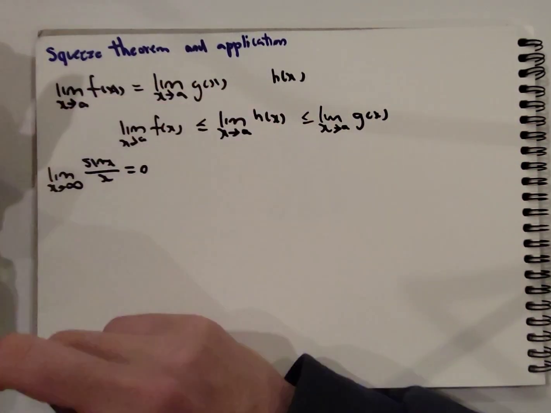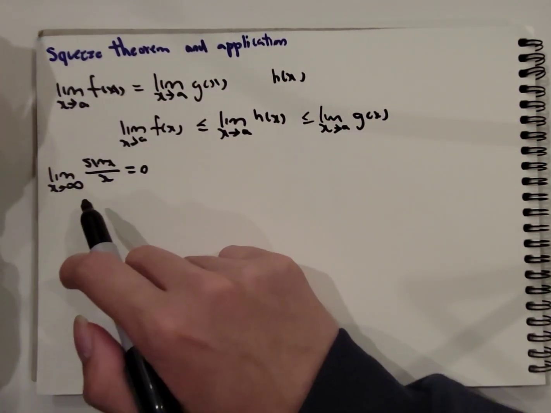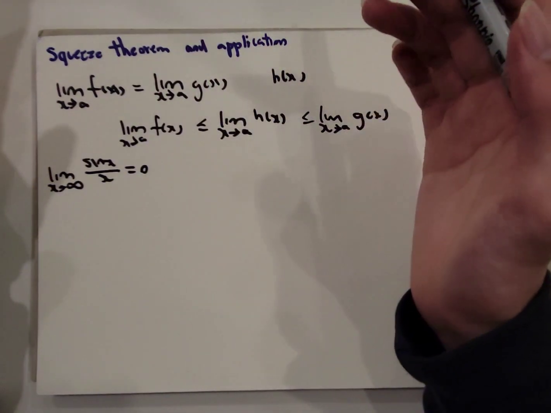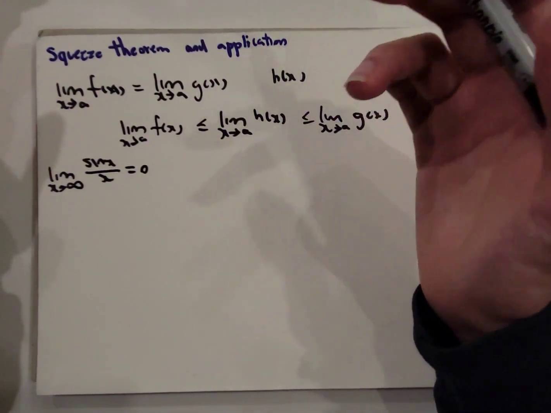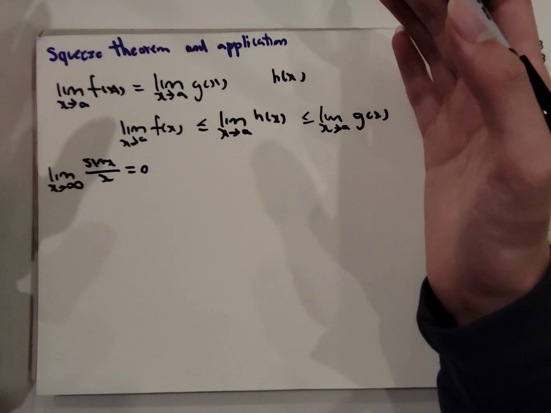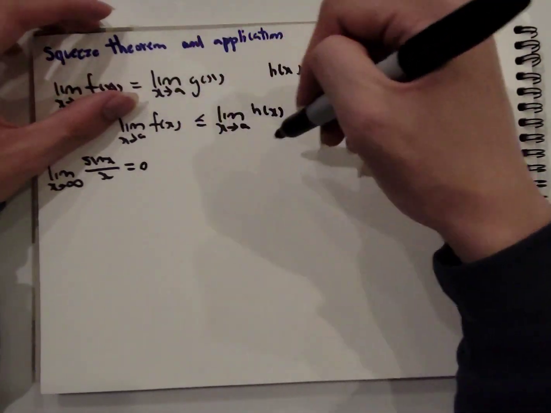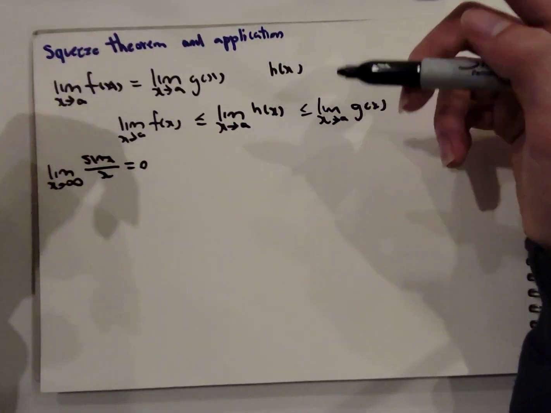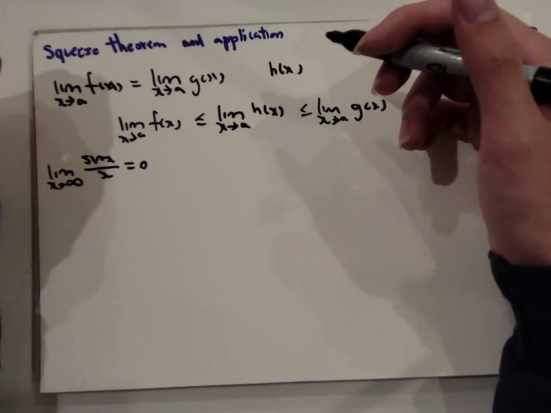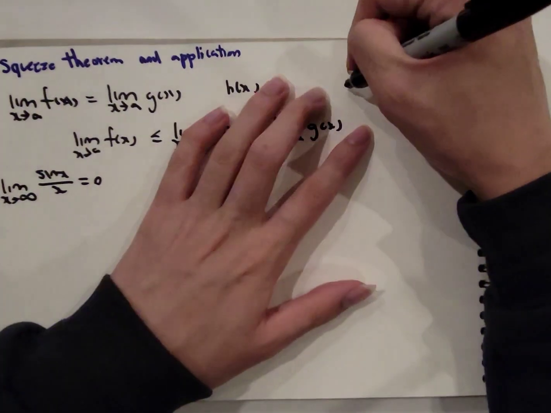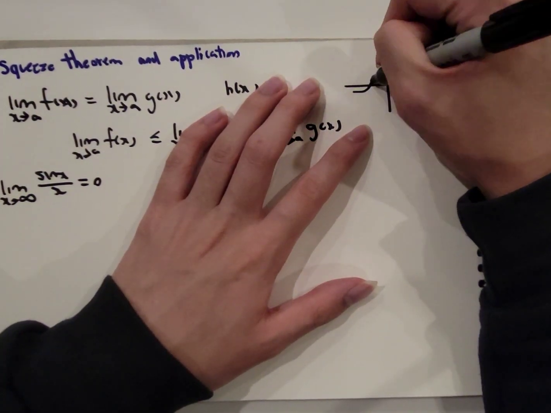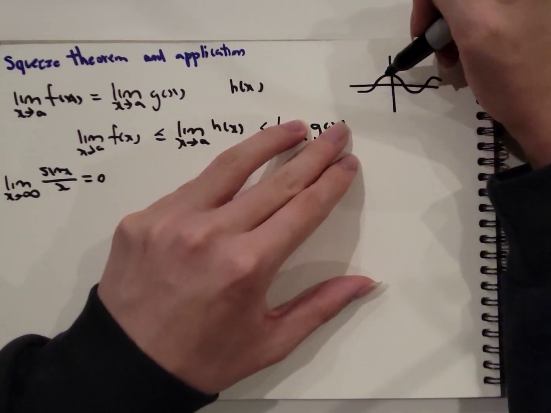So let's review some concepts before we actually start. Do you remember that you learned in earlier math that the sine function is wave-like, right? And it's always between -1 and 1. You could draw the sine function like this.